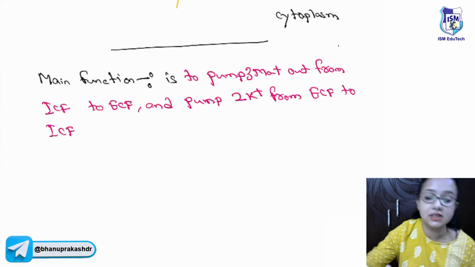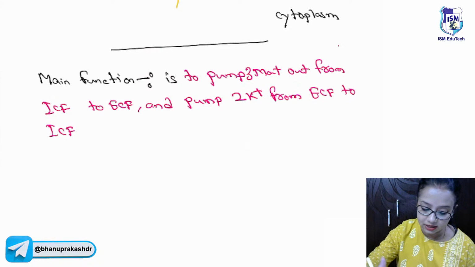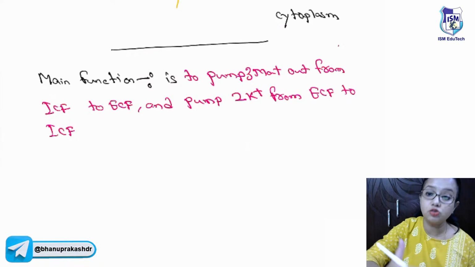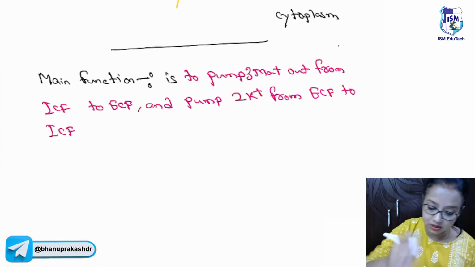So basically this is doing the function of an exchanger, a transporter, right? It is pumping 3 sodium from inside the cell to outside the cell and bringing in 2 potassium. So actually 1 positive ion extra is getting pumped out.